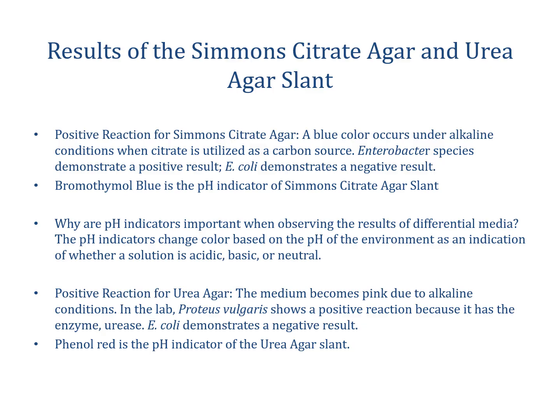So when citrate is utilized, the environment becomes more alkaline and basic, and this causes a color change of the pH indicator. The organism that's positive for the Simmons agar is Enterobacter, and the negative is E. coli.